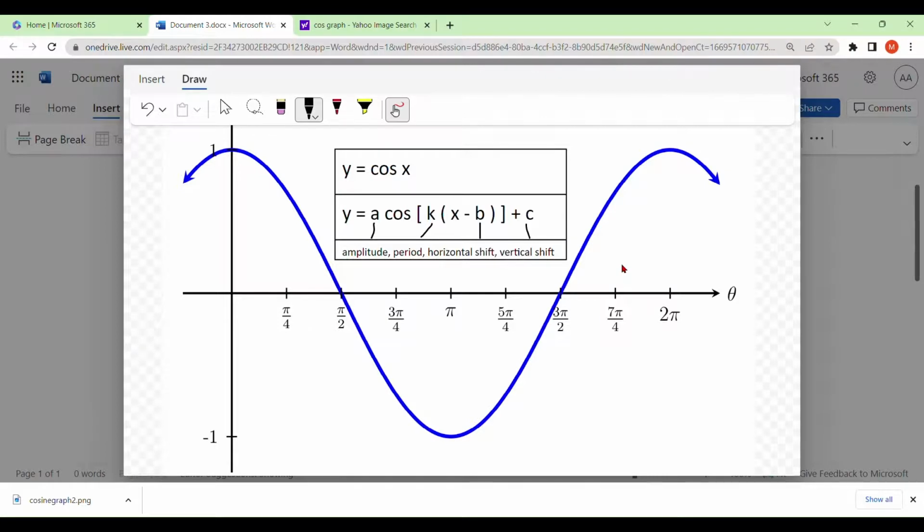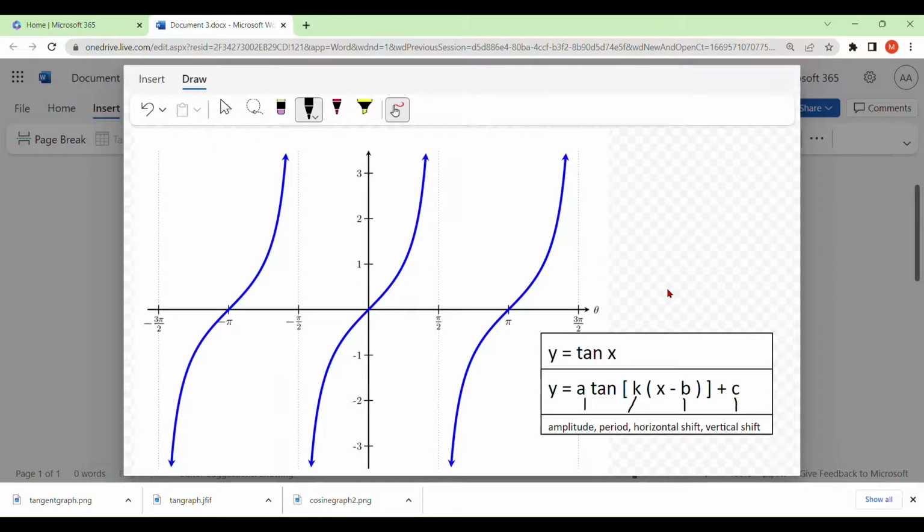Moving on, the cos graph, y is equal to cos x, and the general formula stays the same. The graph, however, starts from 1 on the y-axis, and the rest is the same. The period is still 2 pi, and it completes its whole cycle in 2 pi.